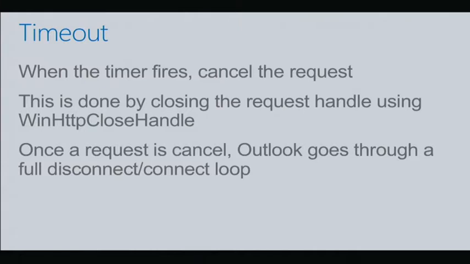It's telling us, I expect to hear a response back for this request every 15 seconds or whatever. So the expiration info is for the time the session context is alive on the server. So when we time out, we cancel the request, and that's just done using the WinHTTP close handle call.